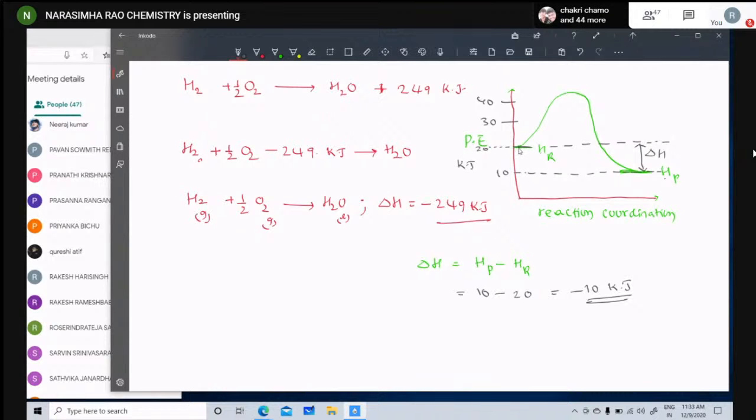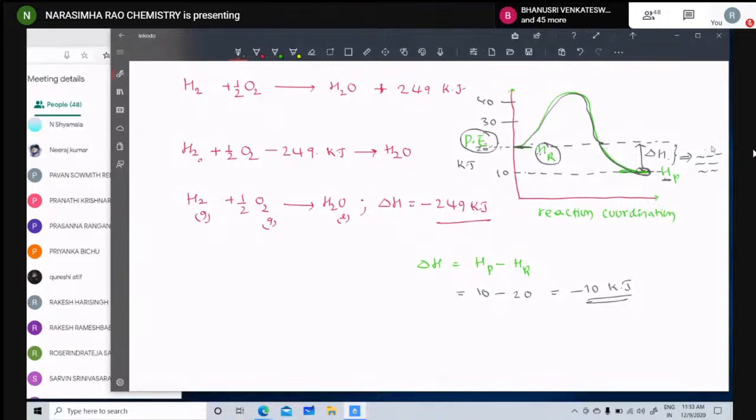This is the enthalpy of the reactant, this much potential energy. This is the heat content, nothing but the energy contained by the system at constant pressure, called enthalpy. So it gains energy and is converted into product. During the course of the reaction, this much energy is lesser than that of the product and greater than that of the reactant. So this much energy goes from the system to surroundings.